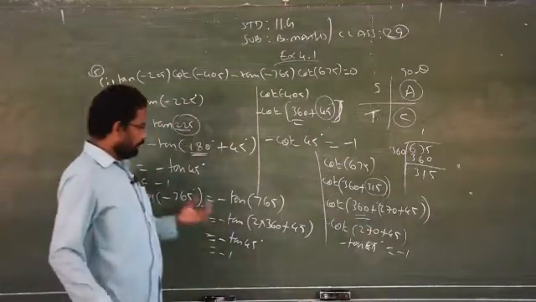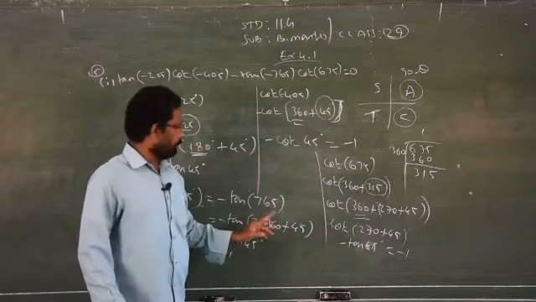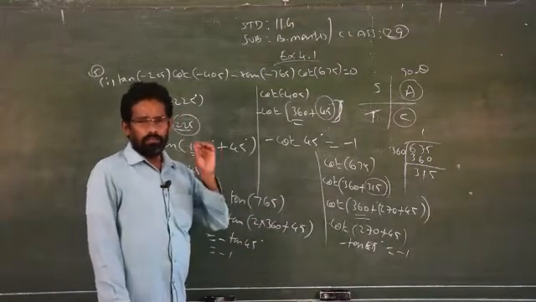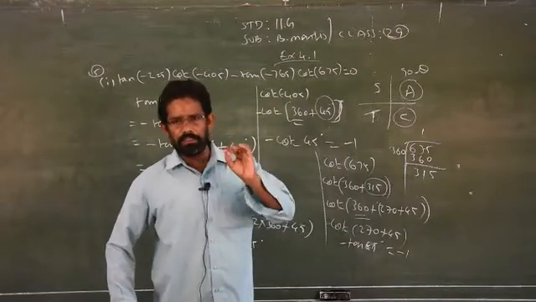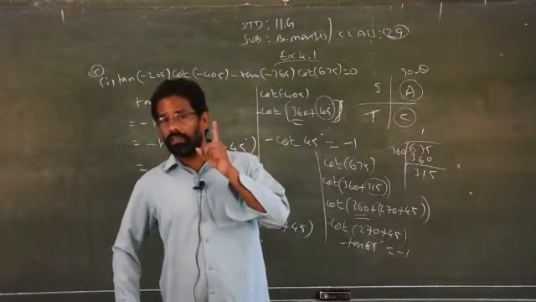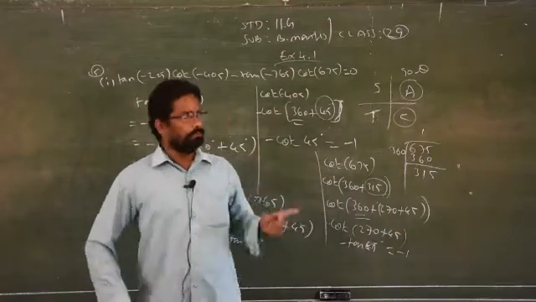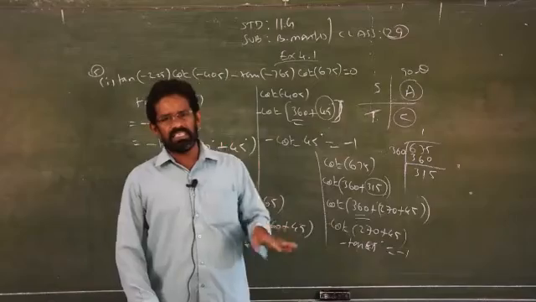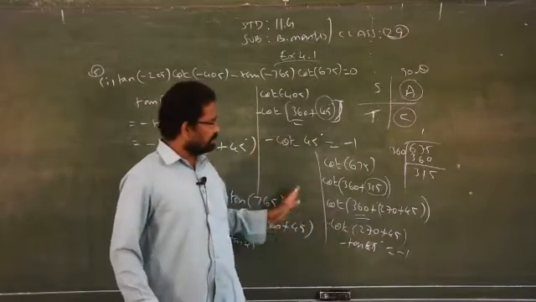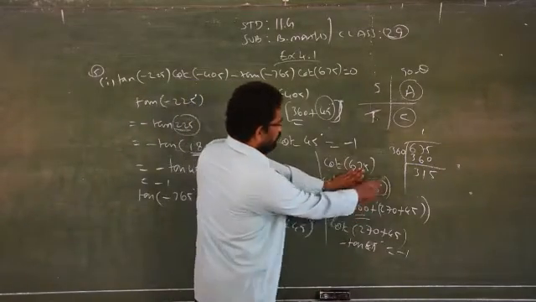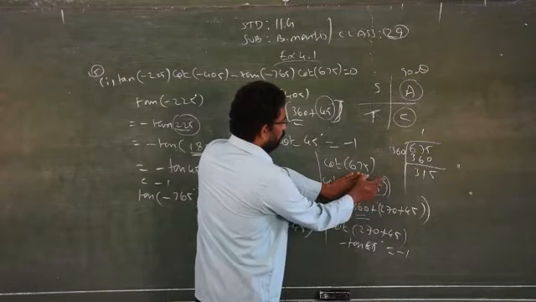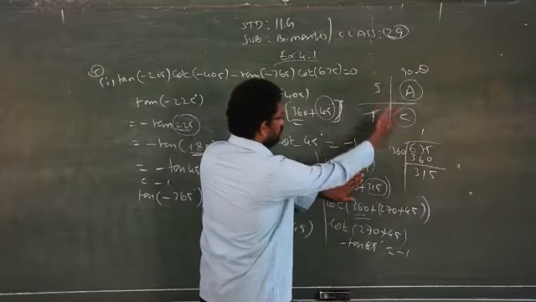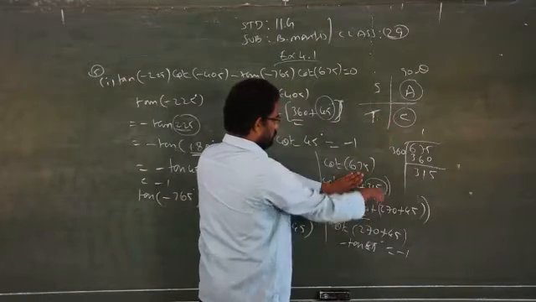Be careful, please keep it in your mind. If you express any angle in terms of 360 plus, doesn't matter about the 360, just leave the 360, and you see the remaining angle, which quadrant it falls on, first or second, just verify.